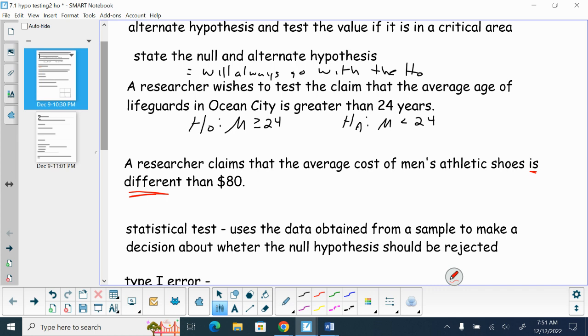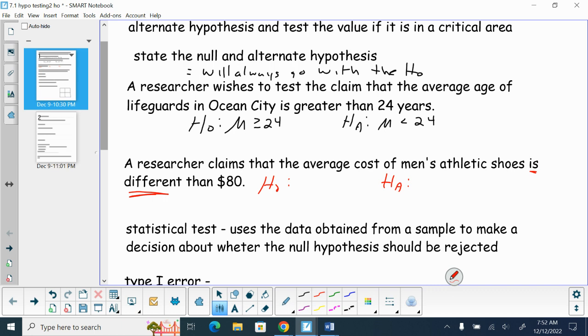When you talk about the idea it's different, that's going to throw you into equal and not equal to. Or you're going to have greater than, more than, or less than. So when I'm talking about is different, I'm going to have equal to and not equal to.